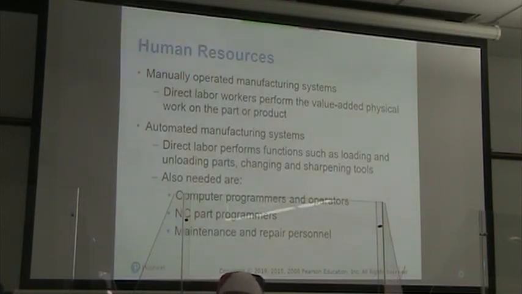In automated manufacturing systems, the direct labor may be doing things like loading and unloading the parts, changing and sharpening tools, but having an automated manufacturing system also means we have to have computer programmers and operators, we have to have numerical control part programmers, and we have to have maintenance and repair personnel.